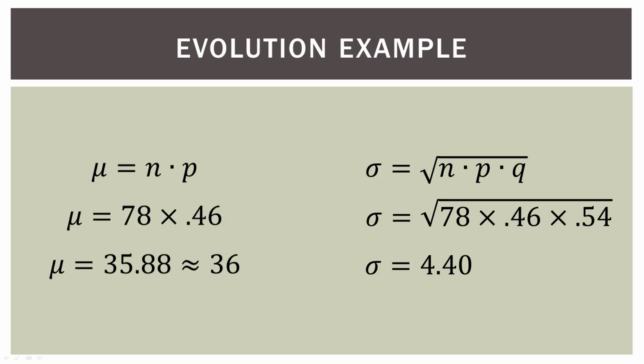Now remember what I said, if we had like 44 people that agreed with this statement, what would that be? That would be almost 2 standard deviations above our expected value. If our mean is 36, that's what we expect, but in another sample we get 44.